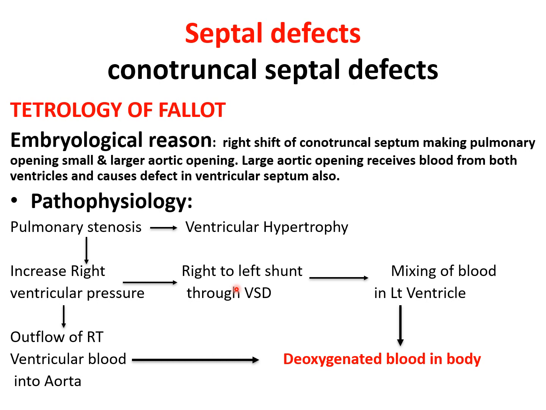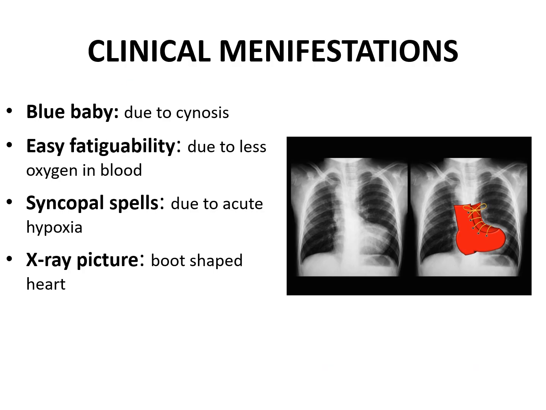So again, the left ventricle now will have mixing of the blood, that is oxygenated and deoxygenated blood will be mixed, and then again, which will also be going out through the aorta, and again left ventricle is also giving aorta the deoxygenated blood, which will ultimately lead to various symptoms.